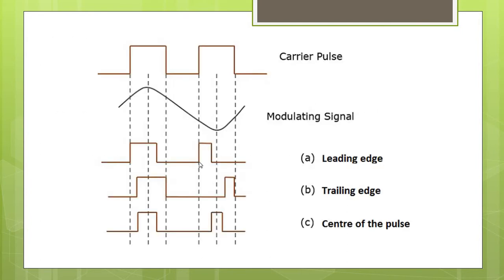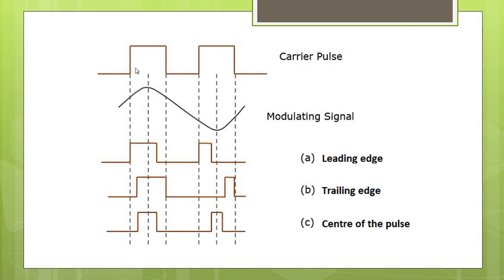You can see in this diagram, the first is the carrier signal, which is a train of pulses. The second is the modulating signal or the message signal. These are the three types of pulse width modulations. The first one is triggered at the leading edge. If you see the carrier pulse, this part we call the leading edge and this part is known as the trailing edge.